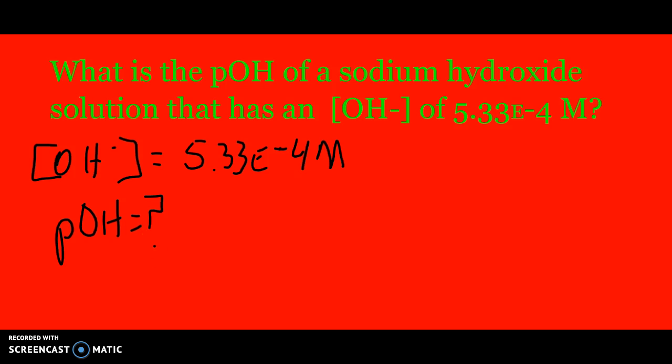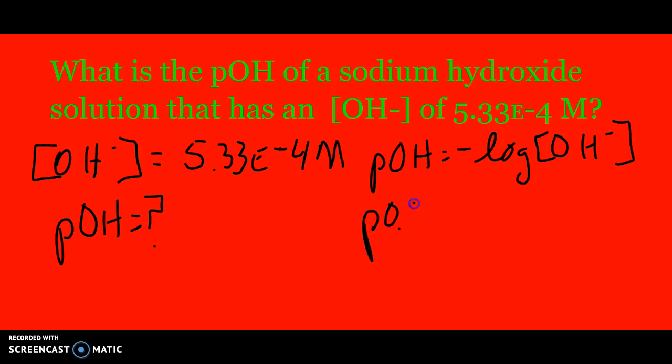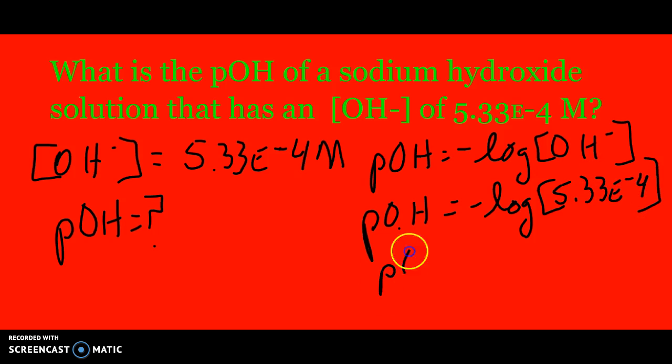So pOH is equal to the negative log of the hydroxide ion concentration. So it's a negative log of 5.33 times 10 to the minus 4th. And the pOH is 3.27. Interesting.